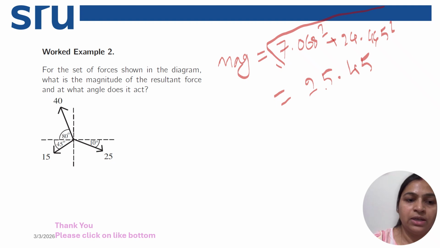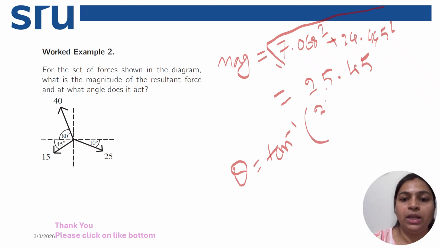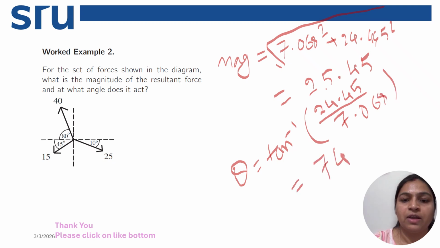Similarly, we can find the resultant angle theta, that is tan inverse of the y component 24.445, approximately 24.45, divided by 7.068. So this equals 74 degree above the positive x-axis. This is how we can find the two-dimensional resolution of the force.